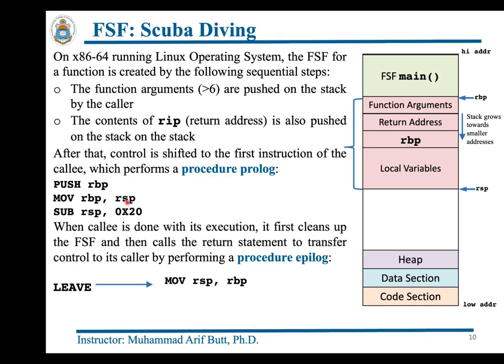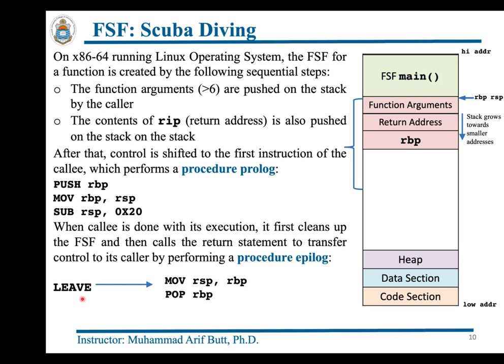That is, this instruction was move RBP, RSP. This instruction is move RSP, RBP. That is, the contents of RBP will be placed inside RSP. This can be observed over here. So both RBP and RSP are now pointing to the start of this function stack frame.